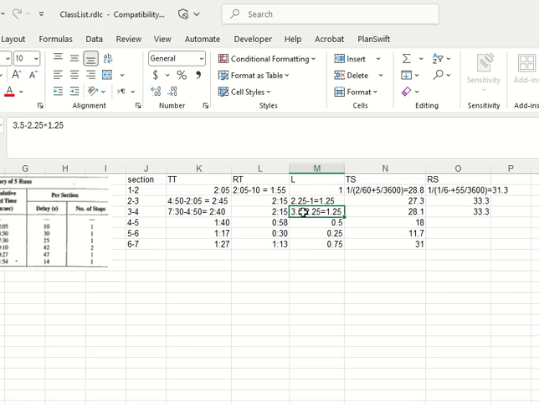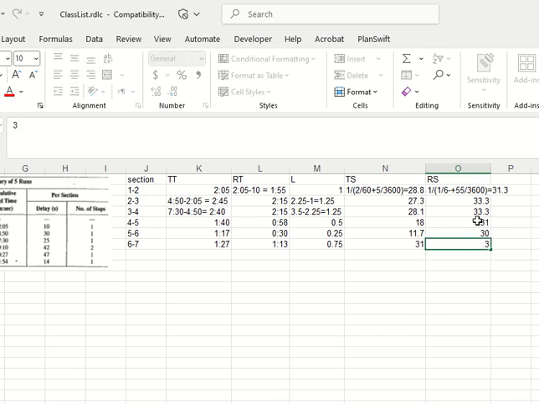Both are 1.25 distance and 2 minutes 15 seconds time. Okay, next one. 31, 30, 46.9, 36. Okay, 36.9.